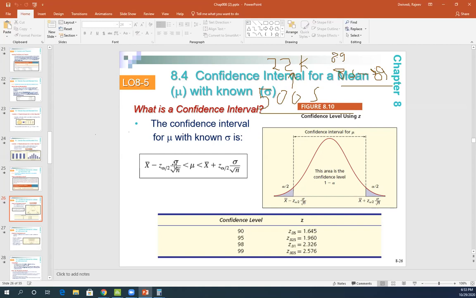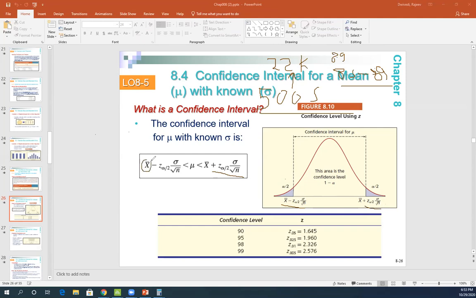If you know the population standard deviation, that is sigma. Square root of n means sample size. So one time we subtract to get the left side, one time we add and we get the right side. So what is the important role here?